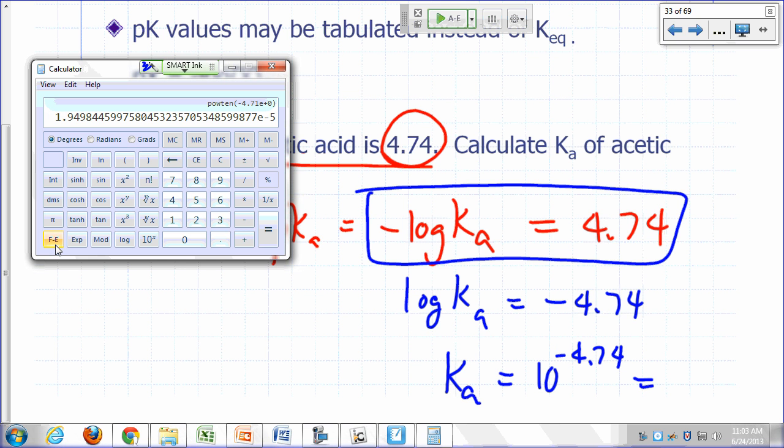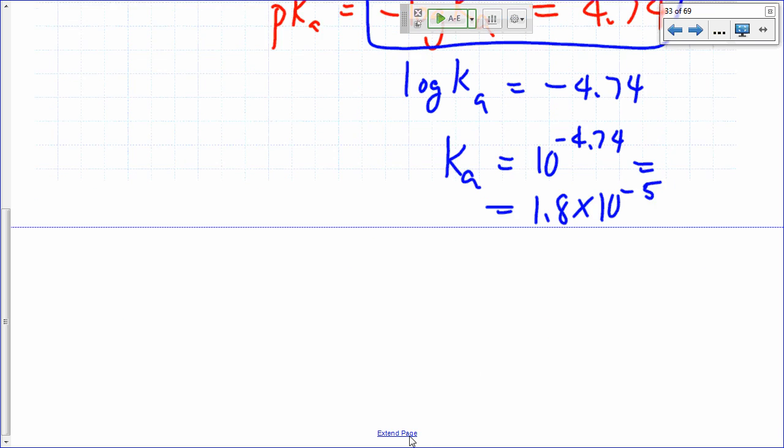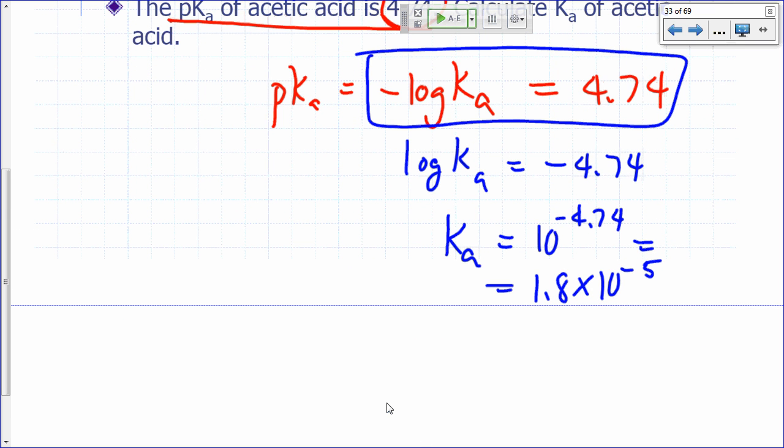Let me do it again. 4.74 negative, and then 10 to the x. It's 1.8 times 10 to the negative 5. So Ka is going to be 1.8 times 10 to the negative 5. That should be it. A note about sig figs.